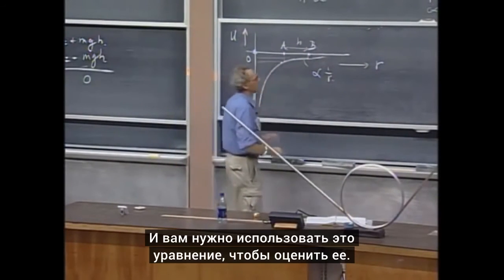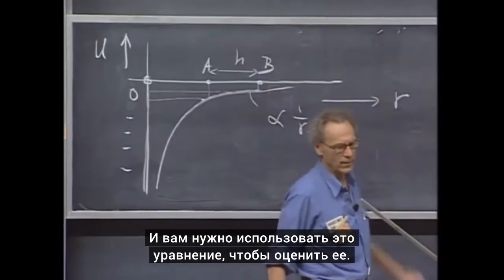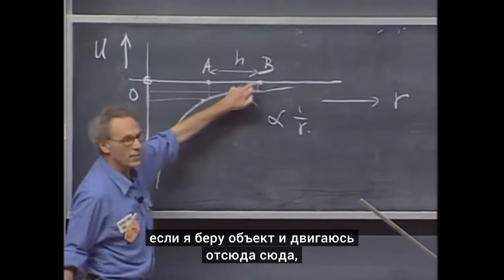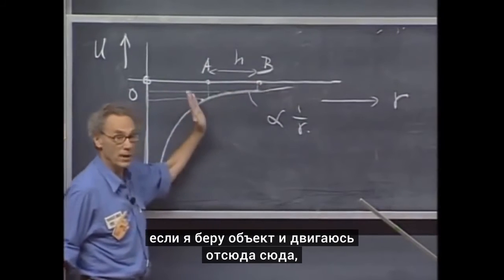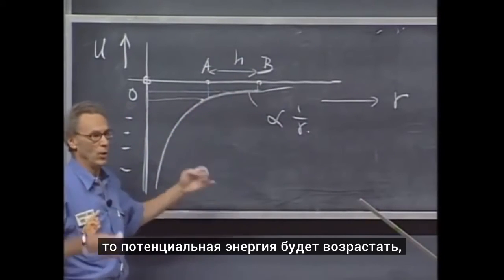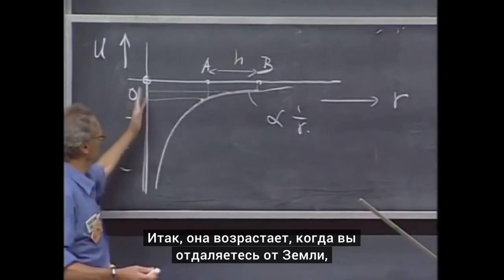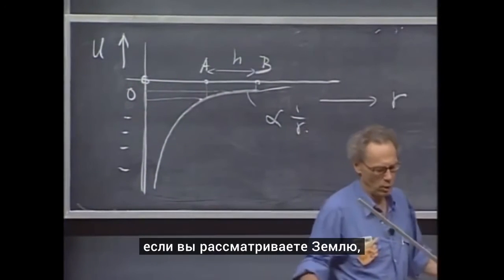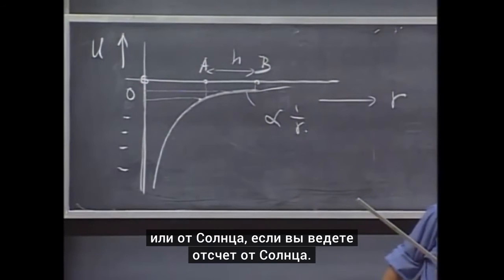And you have to use that equation to evaluate that. But you can clearly see that if I take an object and go from here to here, the potential energy will increase, and that's all that matters. So it increases when you go further away from the Earth, if you look at the Earth, or from the sun, if you look at the sun.